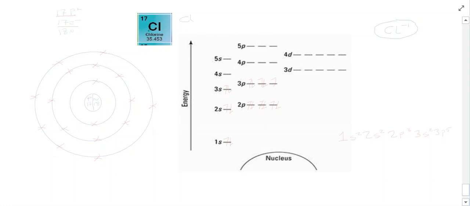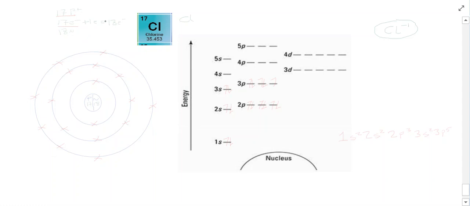So how does that happen? In order for a chlorine atom to be a negative ion, the negative charges have to outweigh the positive charges. So you're going to have to add 1 electron to this, and you're going to have 18 electrons.